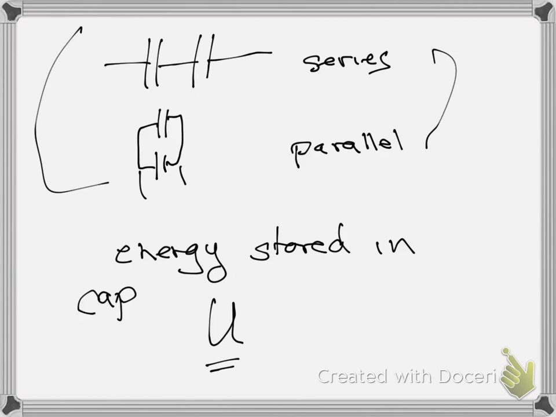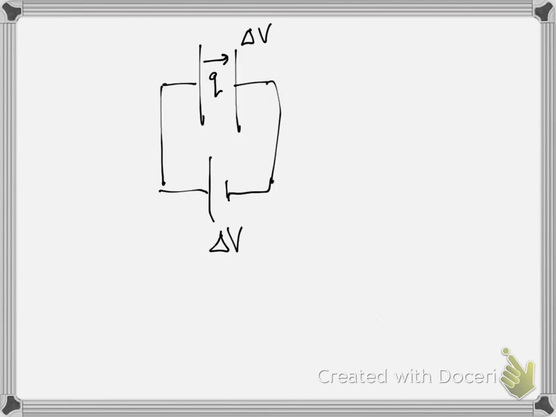So initially it takes no work to move the first charge. And the question is, how much work does it take to move the last charge, the very last charge? Remember, we're almost fully charged, and we're just taking the very last charge and moving it from one plate to the other through the circuit.